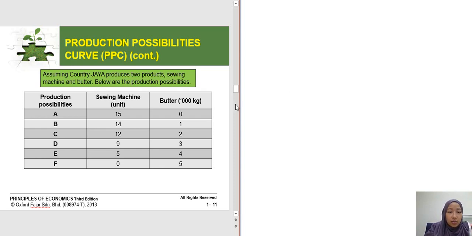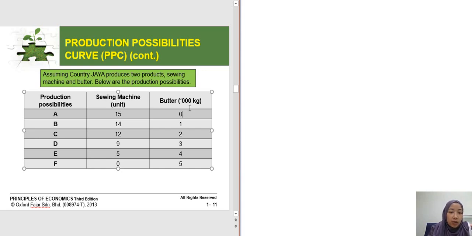These numbers, you have 1, 2, 3, 4, 5, 6 possibilities. In the first row, you can see that the production of butter is 0, meaning you decided to produce only sewing machine. So you will not produce butter. If you decide that you only want to produce sewing machine, the number of sewing machine that you can produce is 15 units. So 0 kg of butter will be in your production.